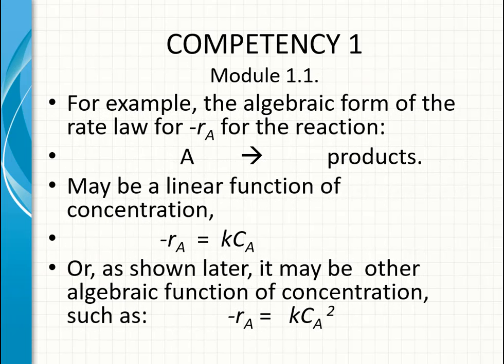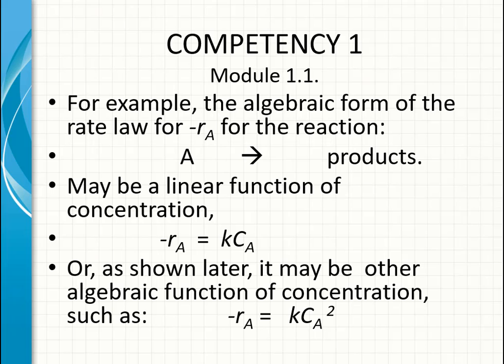For example, the algebraic form of the rate law for -rA for the reaction A goes to product might be a linear function of concentration, like -rA equals k, the rate constant, times the concentration of A raised to the first power.